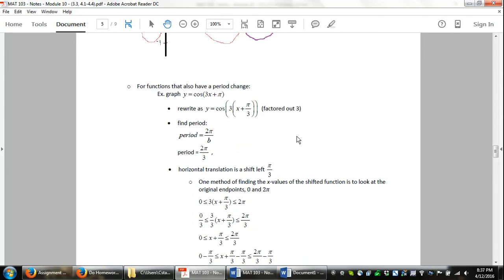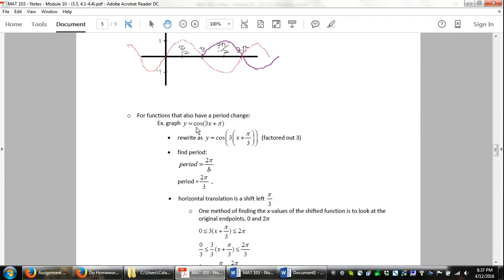Now this is kind of annoying. A lot of times, if you have a period change and a phase shift, you'll be given it in this kind of annoying form, and you will have to factor out whatever number is in front of your x. For example, here I've got 3x plus pi.